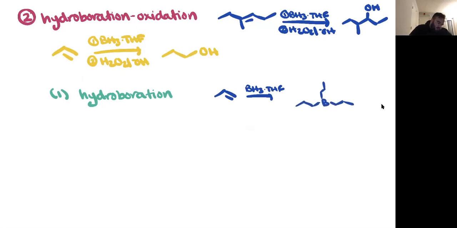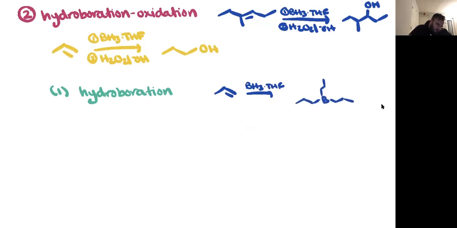Okay, so first your double bond comes in and adds to boron. This comes down here. And then we're going to end up with this first intermediate.